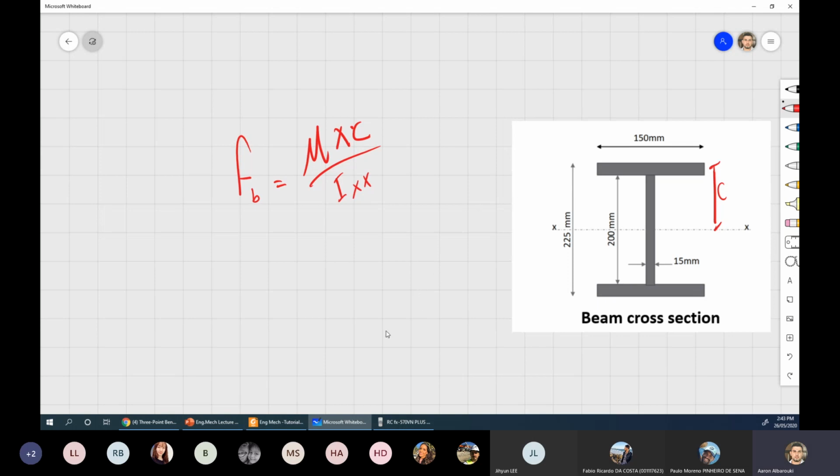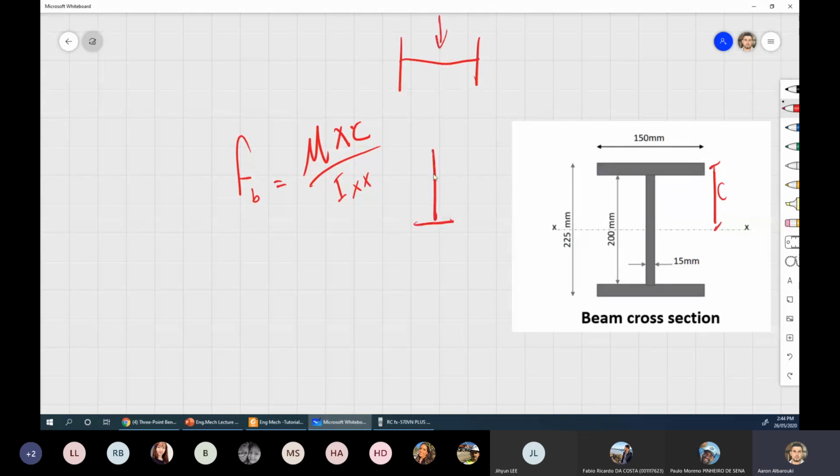Most of beams, guys, if you notice, Ix is the highest. If you ask yourself why, that's why most of beams are placed in this position. You hardly see a beam placed like this. We never use a beam like this. Not never, we do in some cases for different use, but we hardly use a beam like that, carrying load from here.